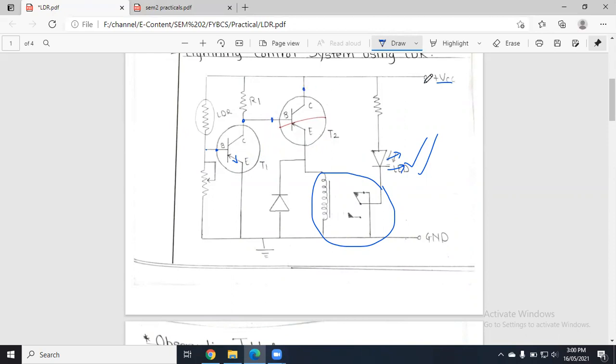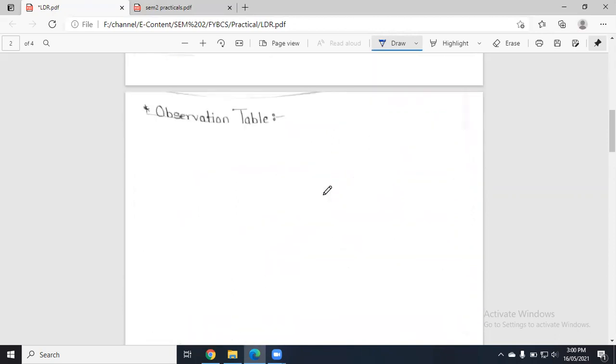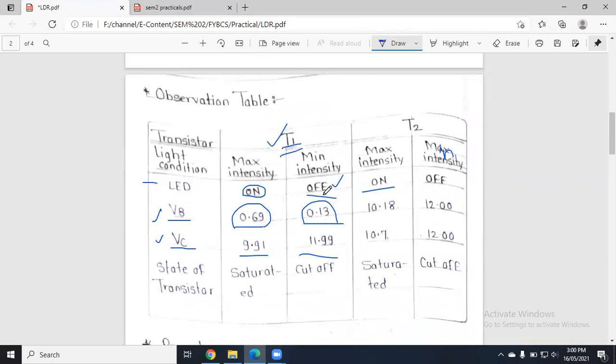The collector voltage should be almost equal to VCC, give or take a little. So this is the base voltage of T2 when the LED is on, and this is the collector voltage of T2 when the LED is on.